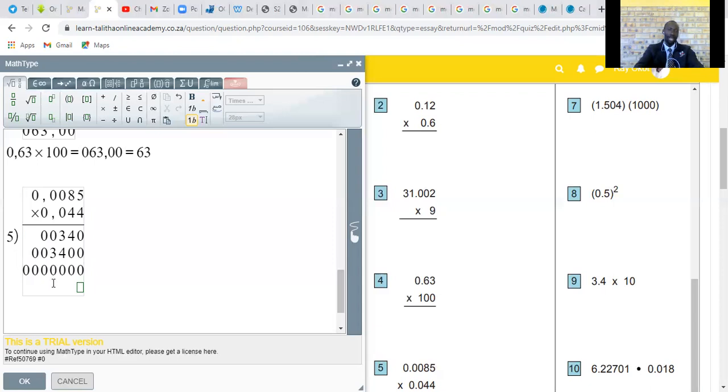The first will be this here. So we'll be having as placeholders, 3 zeros there. Then now 0 by 5 is 0. Then 0 by 8 is 0. Then 0 by 0 is 0. Then 0 by 0 is 0. Then finally 0 by 0 is also 0.